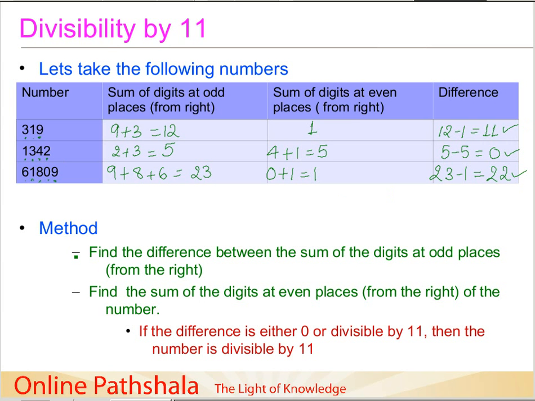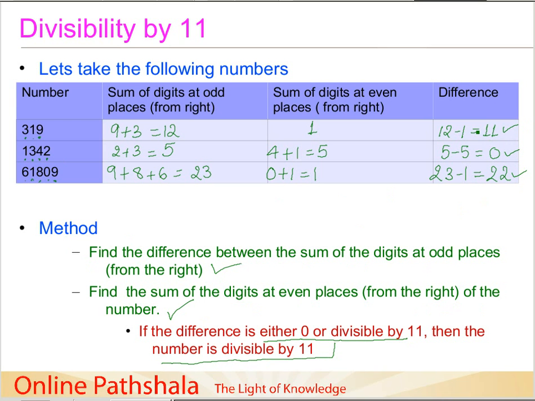If we would like to summarize the method, first we find the sum of the digits at odd places starting from the right. Then we find the sum of the digits at even places from the right of the number. And then we have a look at the difference. If the difference is either 0 or divisible by 11, then we say that the number is divisible by 11.